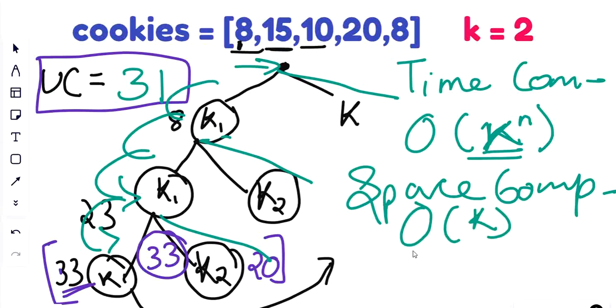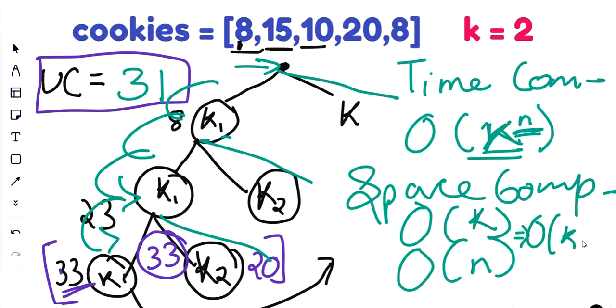And we are also using this recursive function, so it will have a recursive call stack, and the size of that call stack will be equivalent to n, as we are making n calls, so that will be big O of n. So the space complexity will be big O of k plus n, and the time complexity will be big O of k to the power n, exponential.